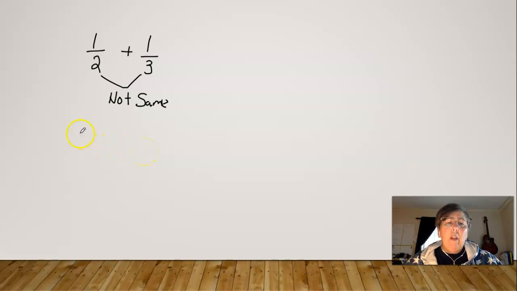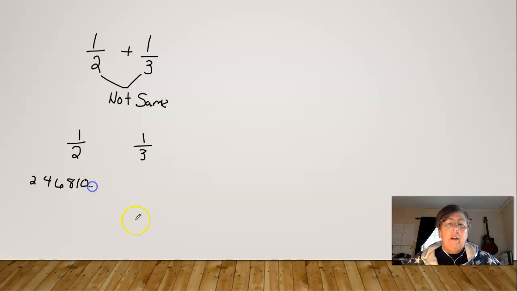So if we have 1/2, denominator is 2, and we have 1/3, denominator is 3. Let's list the multiples of 2: 2, 4, 6, 8, 10, and we could go on.